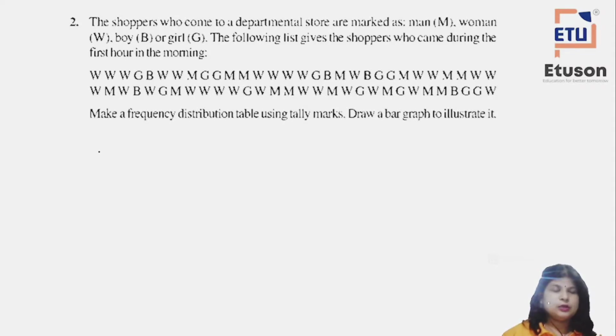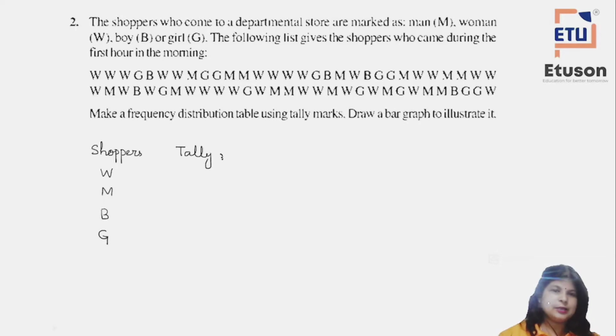So how to do the frequency table here? First is the category of shoppers, that is you have women, you have men, you have boys and you have girls, right? Then next is the frequency distribution table.